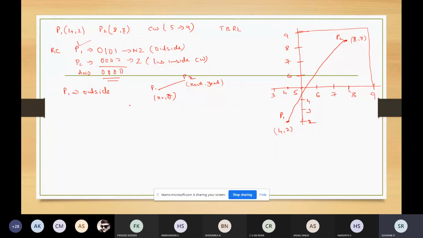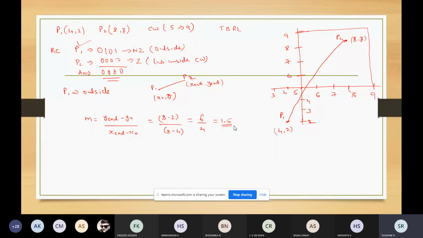Here my y end is 8, so it is 8 minus 2 divided by 8 minus 4. So it will be 6 by 4, exactly 1.5. The slope is 1.5.